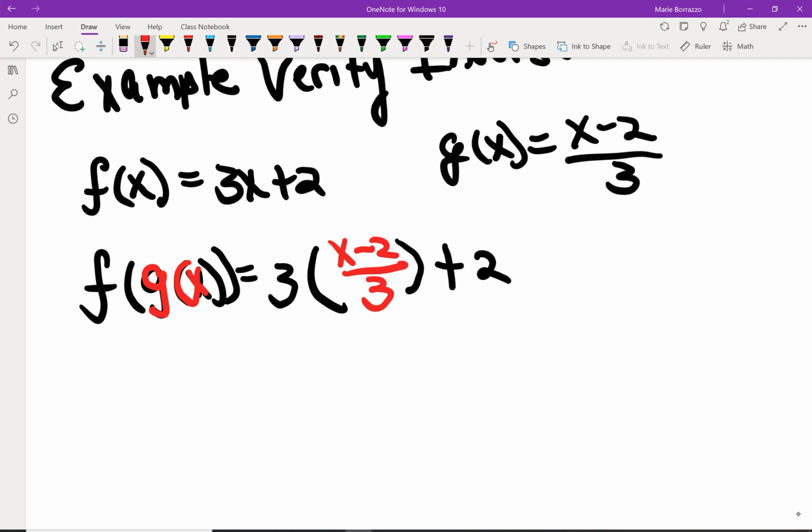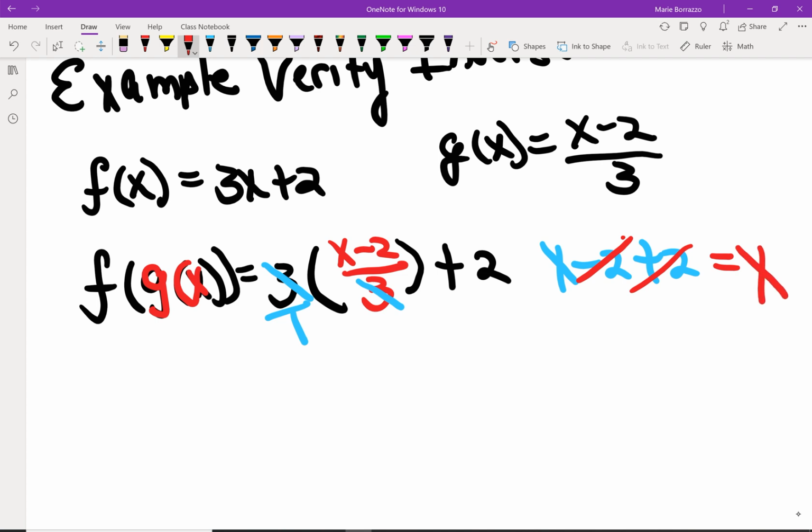Mathematically, the 3's cancel because that's 3 over 1 times 1 over 3. This leaves you with x minus 2 plus 2. Obviously, these two cancel with each other, leaving you your final answer, x.